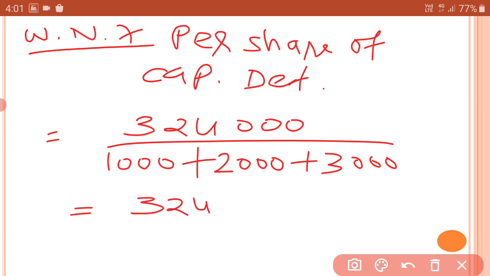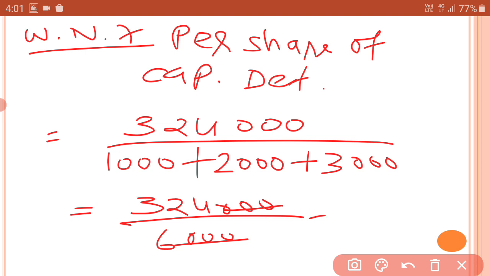So 3,24,000, then divide by 6,000. 30 will be cut. Then 6 5s are 30 and 6 4s are 24. So your capital deficiency is 54 rupees per share capital deficiency.